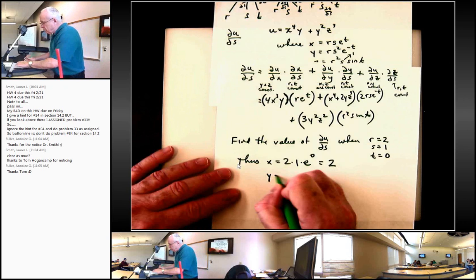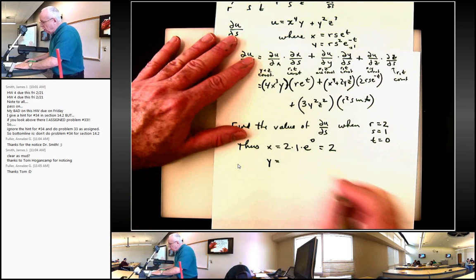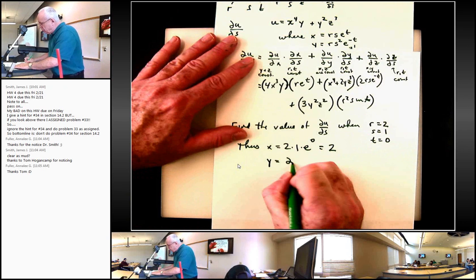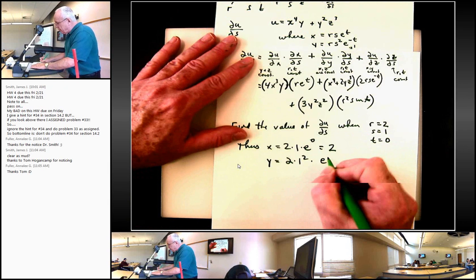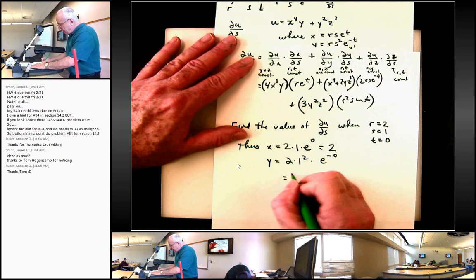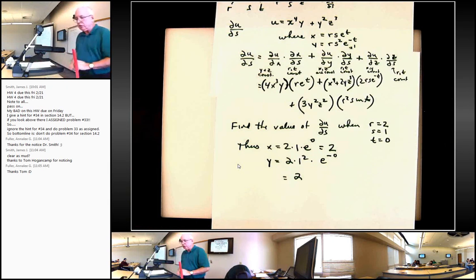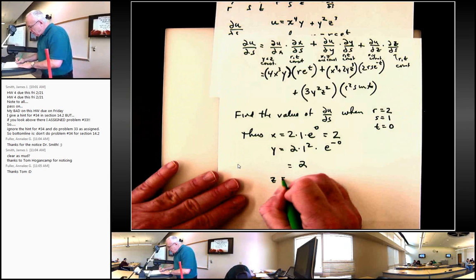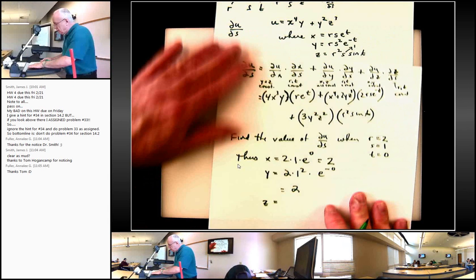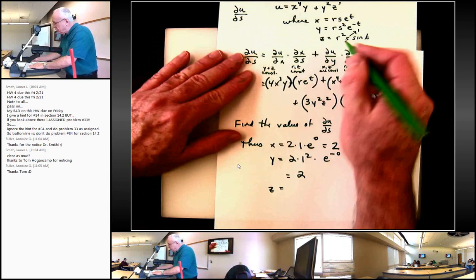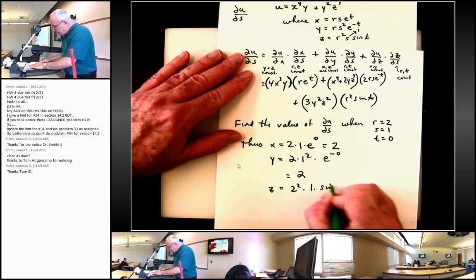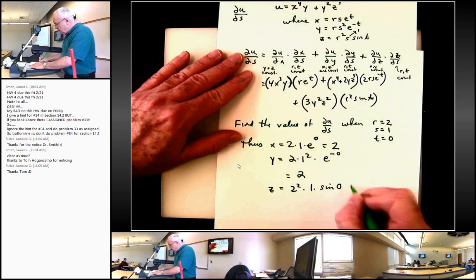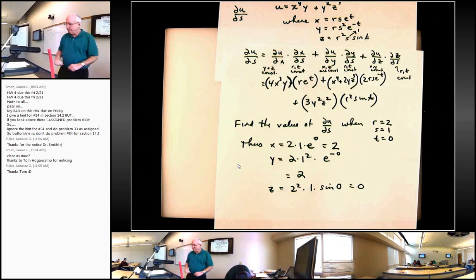Y is equal to r, which is 2, s squared, 1 squared times e to the minus 0. And that's going to all come out to be equal to 2 also. Z is, well, Z is just going to be 0, isn't it? R squared is 2 squared times 1, but times the sine of 0, so that comes out to be 0. Okay.